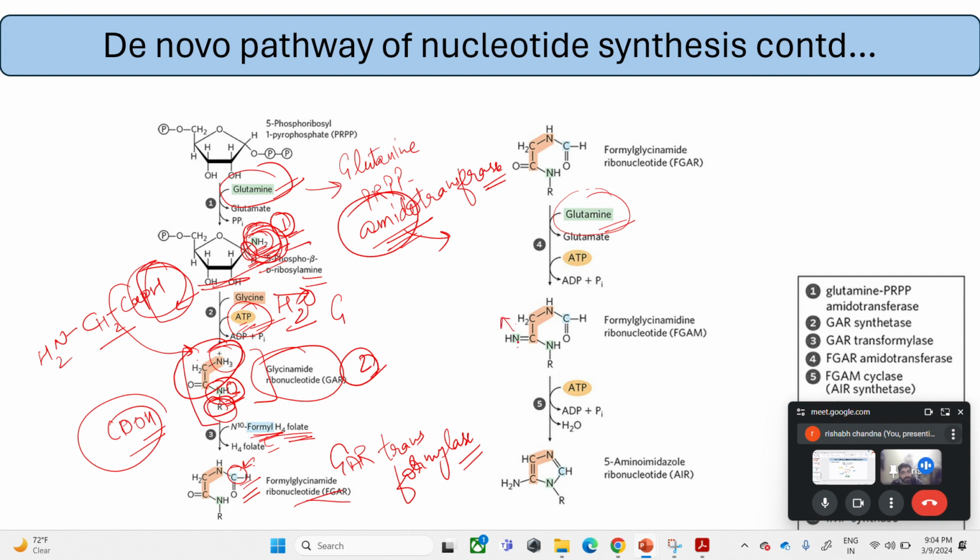This is the ninth nitrogen that attaches to the ring, and here also one molecule of ATP is used for the reaction. This compound that is formed is called formyl glycinamidine ribonucleotide, or FGAM.